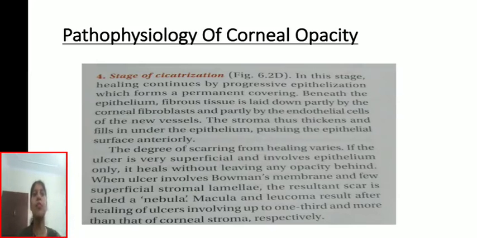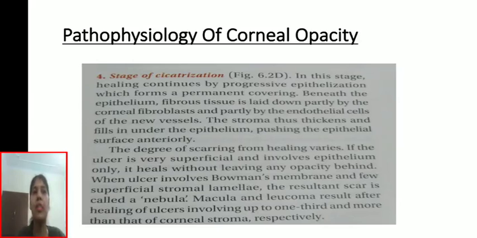Now the pathophysiology of corneal opacity. The pathophysiology follows the stage of cicatrization. In this stage, the healing continues by progressive epithelialization, which forms a permanent covering beneath the epithelium.